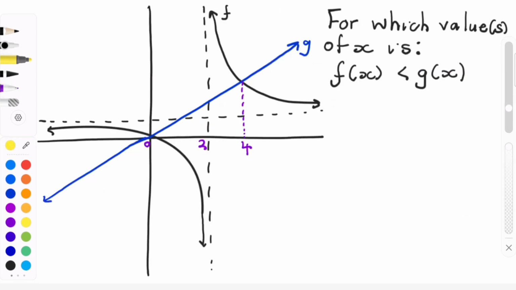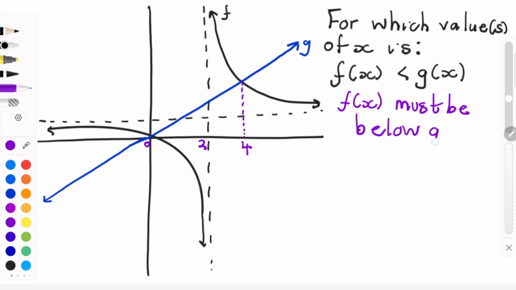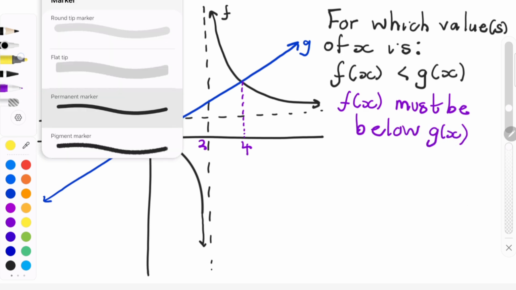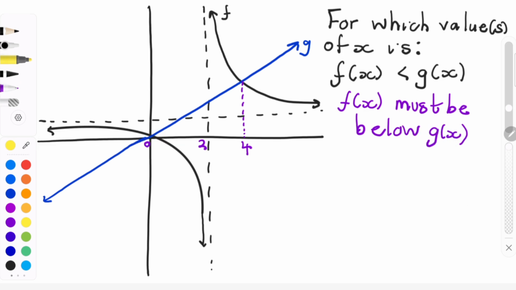So on this one, we want where f of x is less than g of x. F of x is the function in black, and g of x is the function in blue. So f of x less than g of x, so f of x must be below g of x. So where is f of x below g of x?